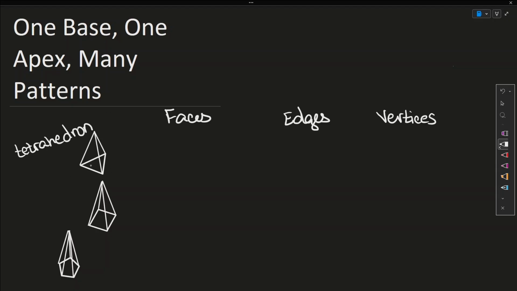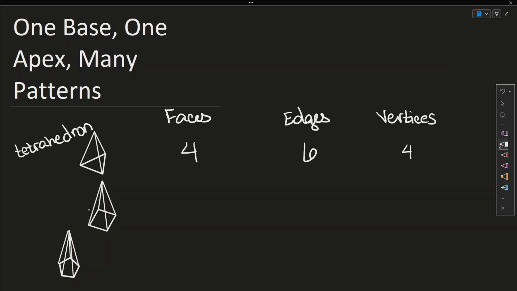It has one triangular base and three triangular side faces, a total of 4 faces. For its edges, there are 3 around the base and 3 going from the base vertices to the apex, a total of 6 edges. For the vertices, there are 3 on the base and 1 apex for a total of 4 vertices.